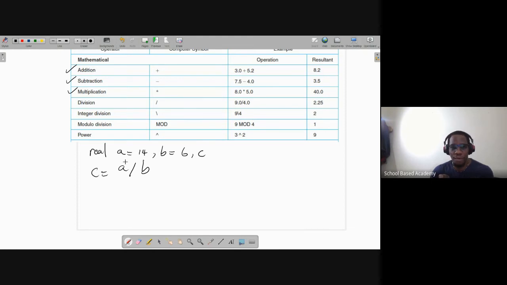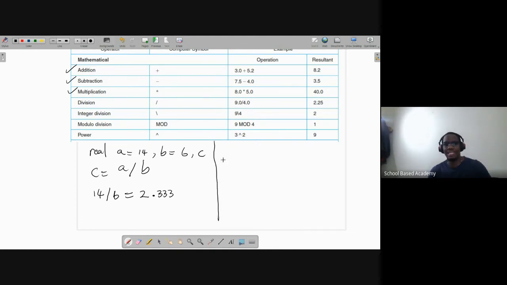I'm saying that I have 14 divided by 6, which should give me an answer of what? 2 point 0.333 recurrent. Because 6 goes into 14 two times, and gives a remainder of 2, and 2 over 6 is a third, which is 0.333 recurrent.